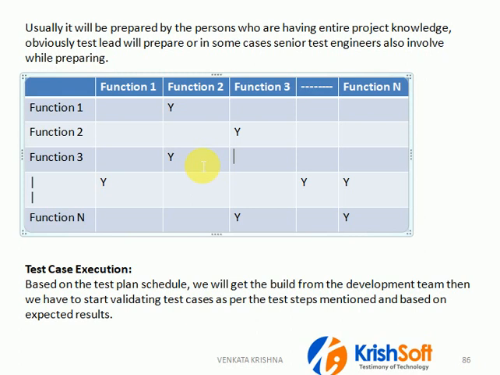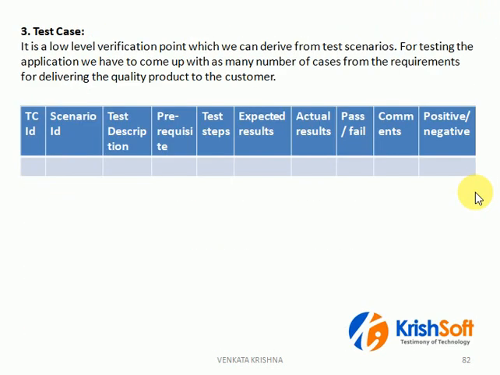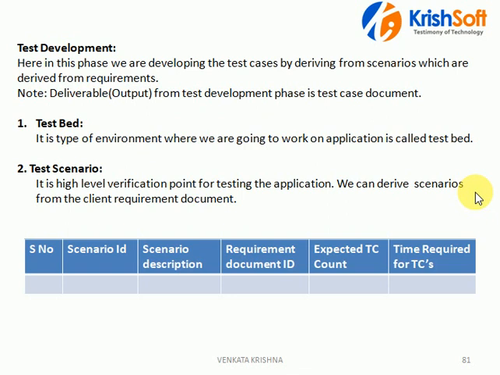So this is about the test development phase. In this test development phase, we have discussed the test bed. Test bed is a test environment. And test scenario. Test scenario is nothing but high-level verification points. Whenever you have a big application, first you need to divide it, from a testing point of view, into high-level flows.